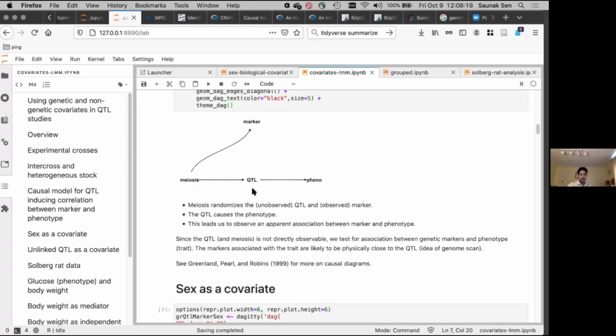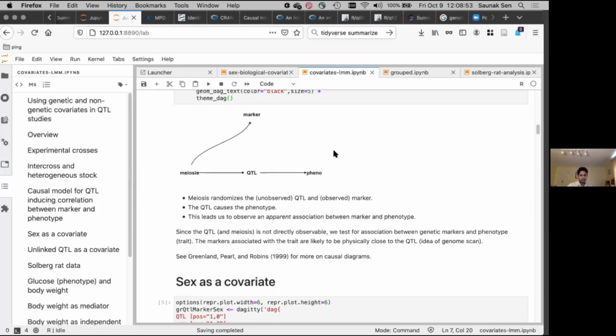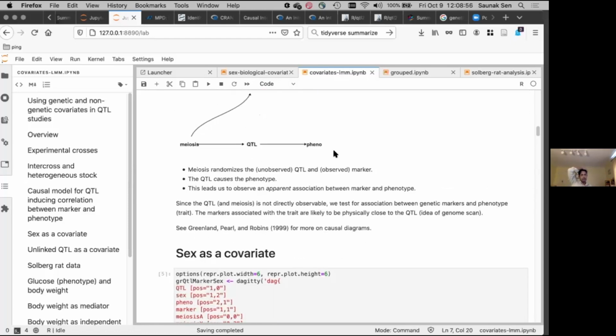But because the QTL and the marker share the same meiotic event, this causal connection between the phenotype and genotype is observed as a correlation between a marker and the phenotype. In subsequent diagrams, I'm going to just assume that we have a marker that is close enough to the QTL that I don't need this extra arrow. And I think this is a theme that will be developed further by others later in this sequence of seminars.